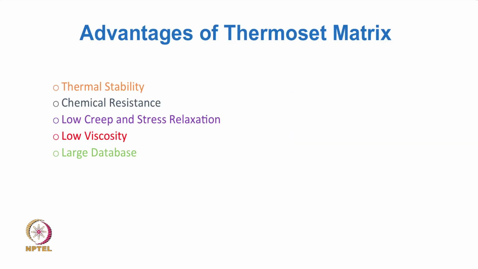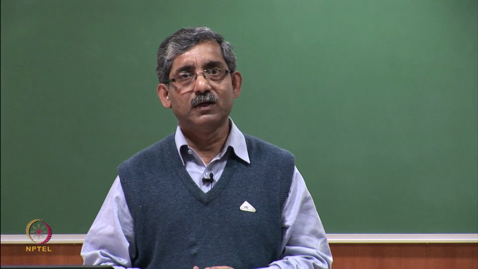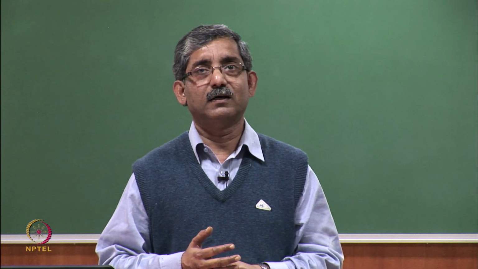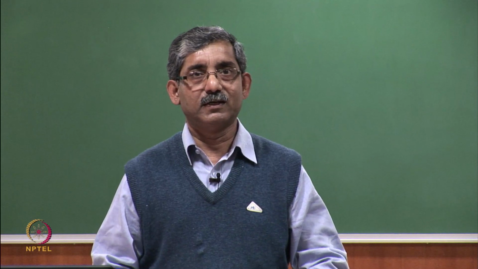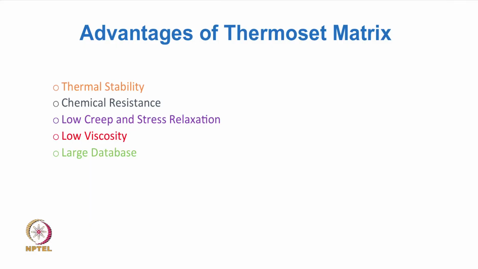So, if you see the advantages of the thermoset matrix, at present the majority of plastic composites are thermoset composites. This is due to thermal stability, chemical resistance, reduced creep and stress relaxation, and lower viscosity, so it is excellent for fiber orientation.